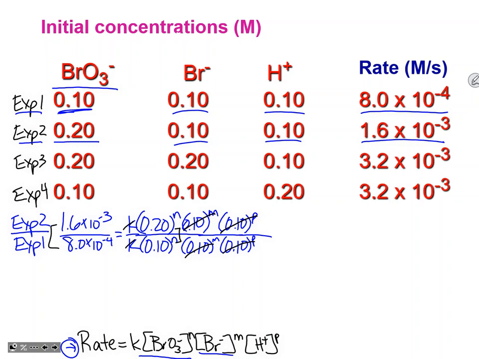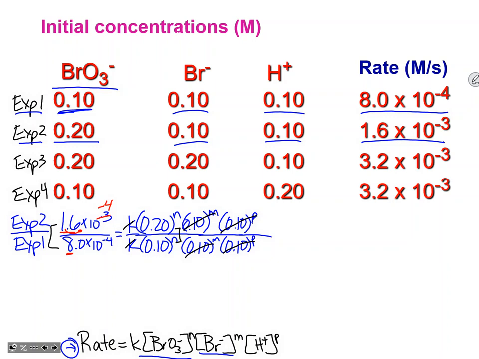Now, one thing to notice here, for math purposes and calculator purposes, I'm going to show you how they do it for kinetics, and this is where they expect you to be able to do the mental math. You take this, you move it over 1 this way, that makes this a -4. So now it's technically 16 divided by 8, because it's 16 times 10 to the -4 divided by 8 times 10 to the -4.